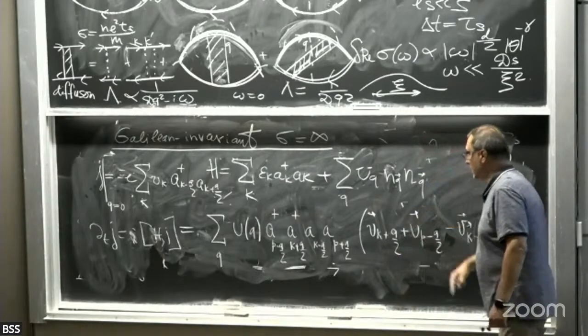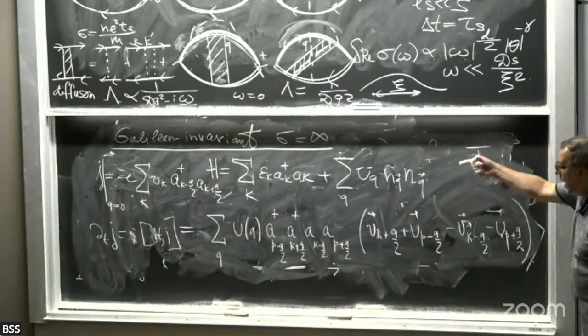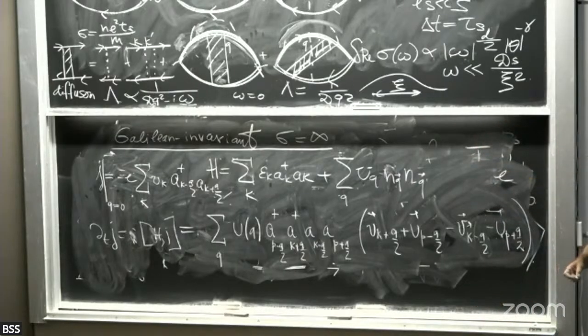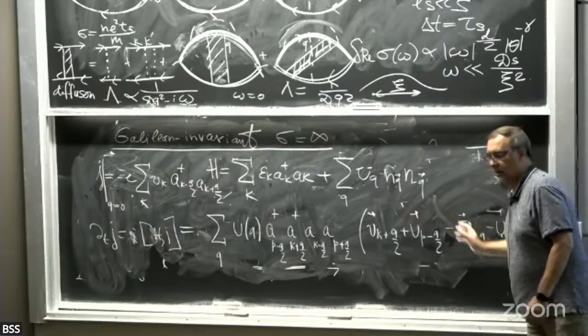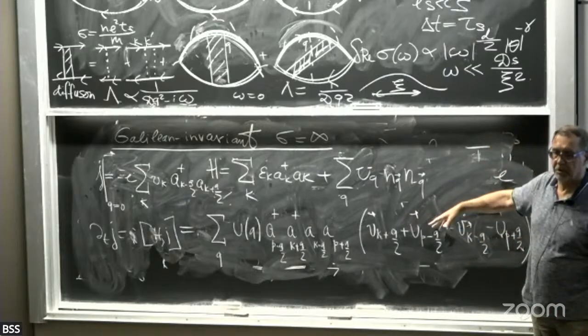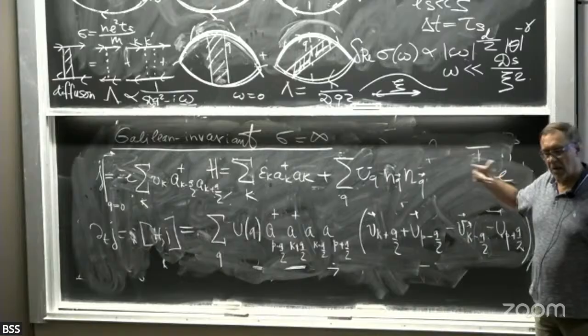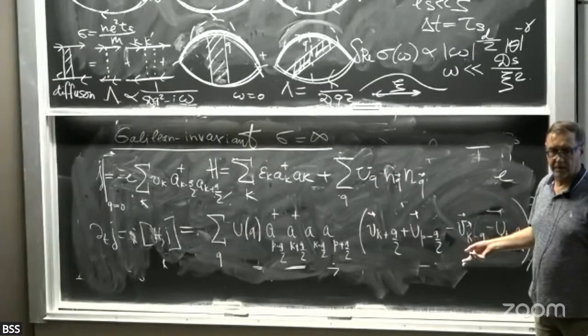And because the velocity is proportional to the charge current, this is the imbalance of the current, or change of the current of two electrons during one collision event.